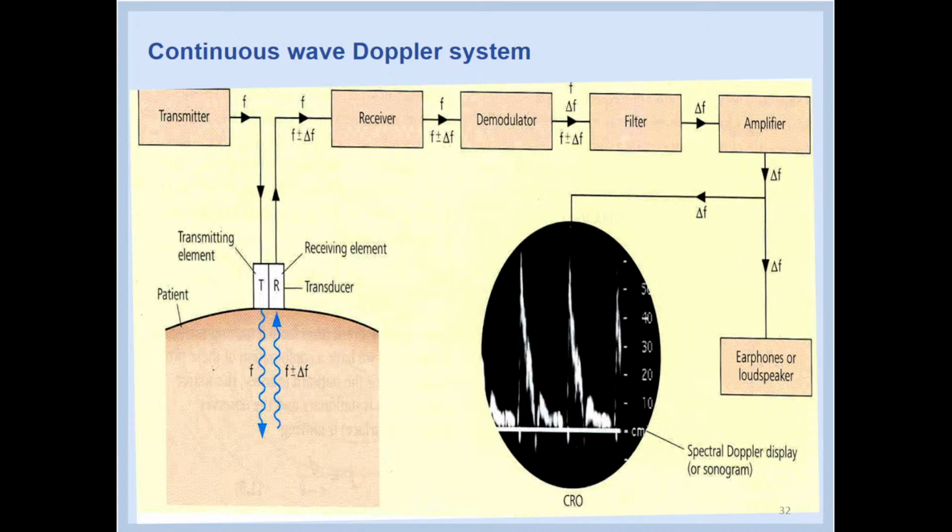The amplifier further amplifies the remaining signal. The recorder analyzer may simply be the ear using headphones or a loudspeaker, since typical Doppler shifts lie within the audible range.